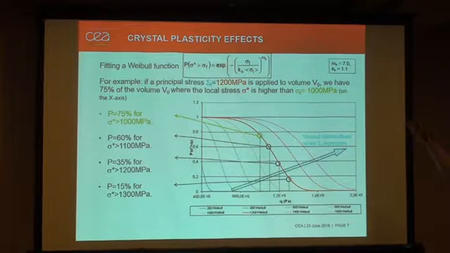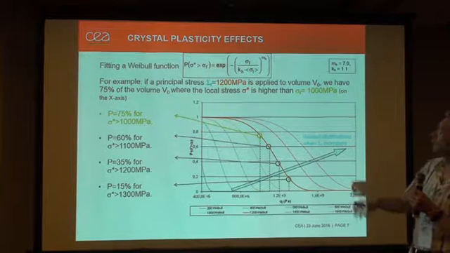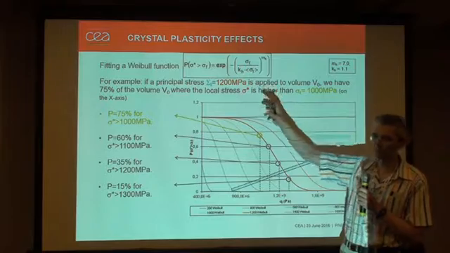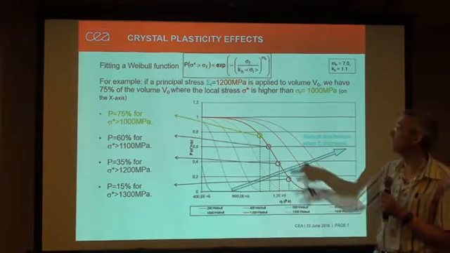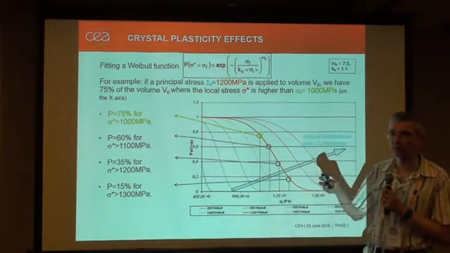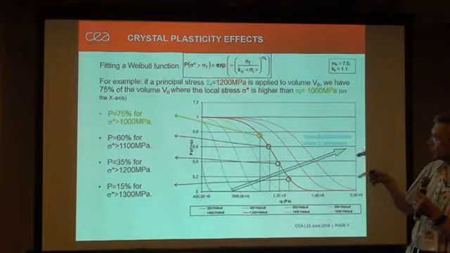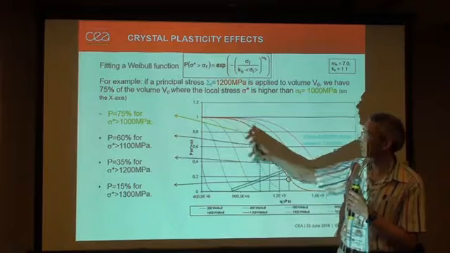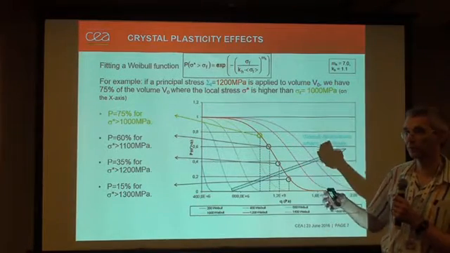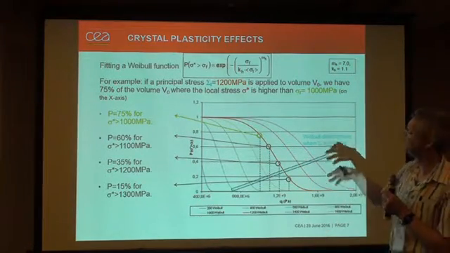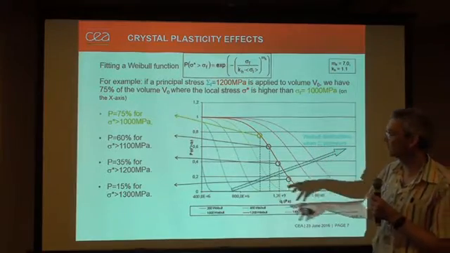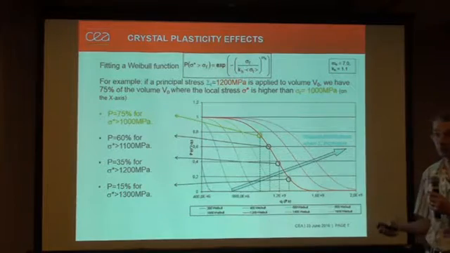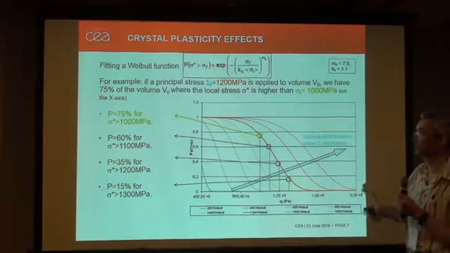We chose a Weibull type function of this type. For example, let's suppose that the principal stress applied to V0 is 1,200 megapascal. This function will tell us that approximately 75% of the volume will see a stress that is higher than 1,000 megapascal, only 75%.